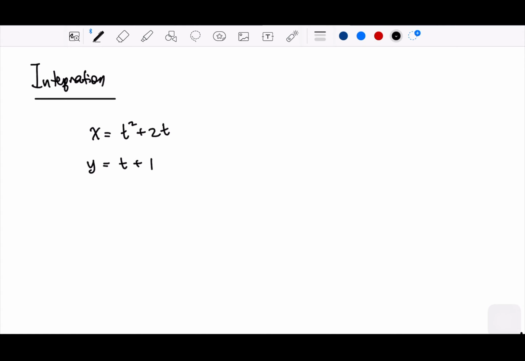If you would like to find out the area enclosed by these two parametric equations.